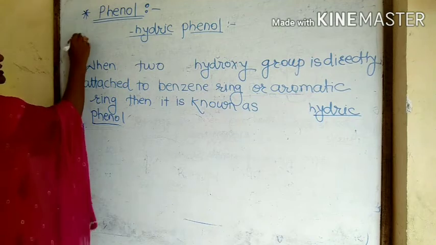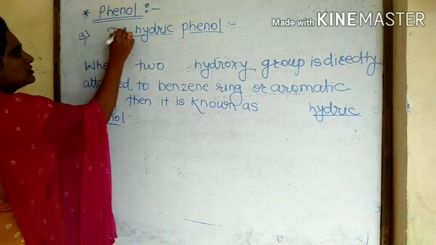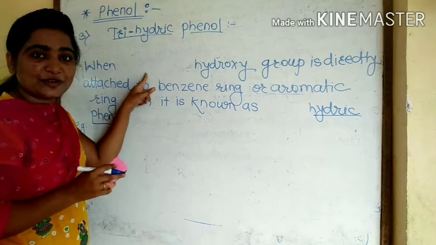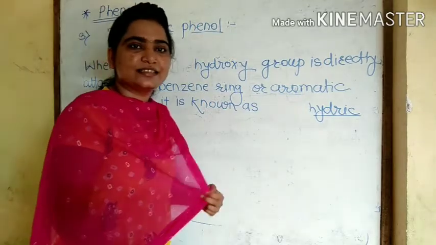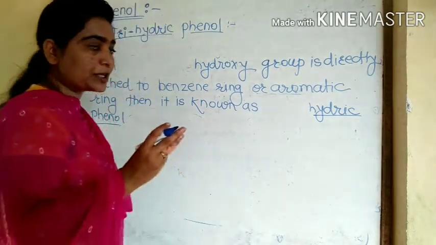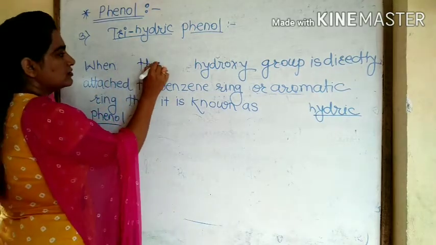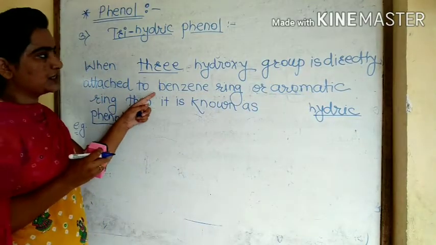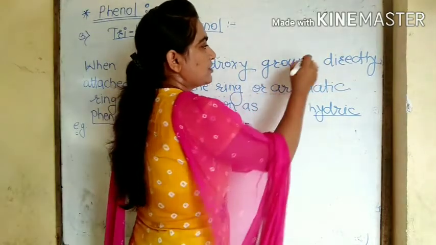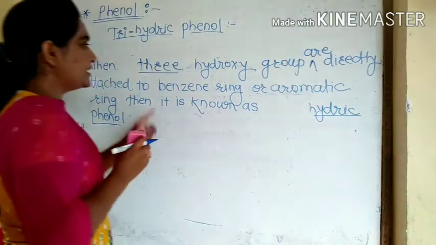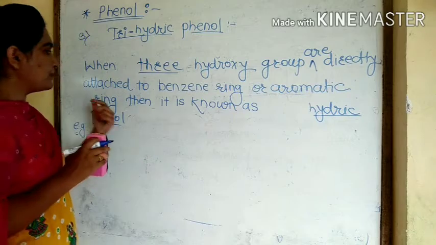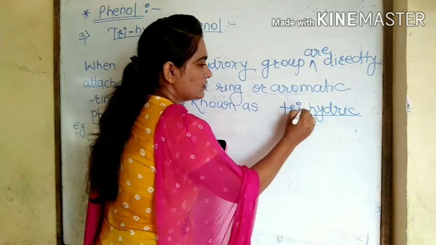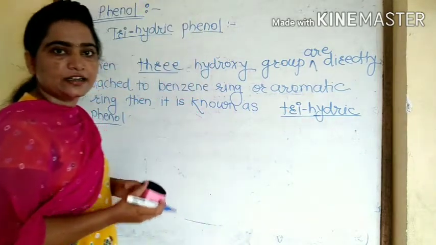So how many hydroxy groups are present here? Yes, 3. When 3 hydroxy groups are directly attached to the benzene ring or the aromatic ring, then it is known as trihydric phenol.